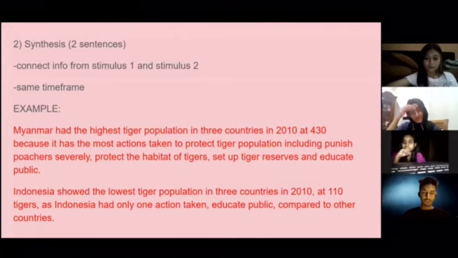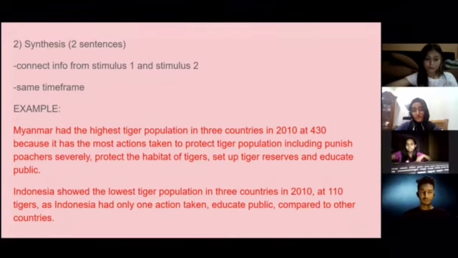It connects info from 3 countries: in 2010 Myanmar had 430 tigers because it has the most action taken to protect tiger population, including punishing poachers severely, protecting the habitat of tigers, setting up tiger reserves, and educating the public. And the second one is Indonesia showed the lowest tiger population in 3 countries in 2010 at 110 tigers, as Indonesia had only 1 action taken, educate public, compared to other countries.